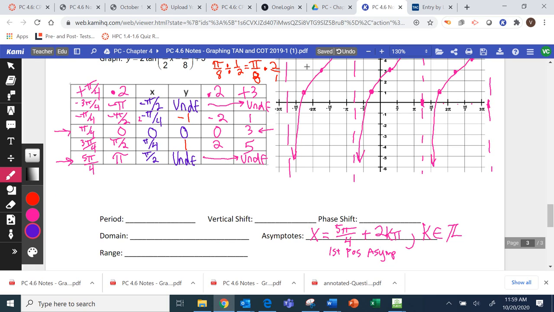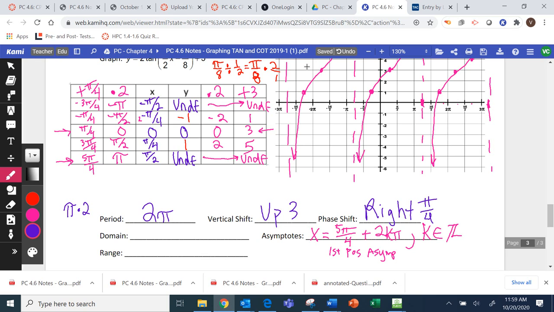Period for tangent is normally pi. We had a horizontal stretch of 2, so this period is 2 pi. We did have a vertical shift up 3. A phase shift is the horizontal translation, so we went right pi over 4.